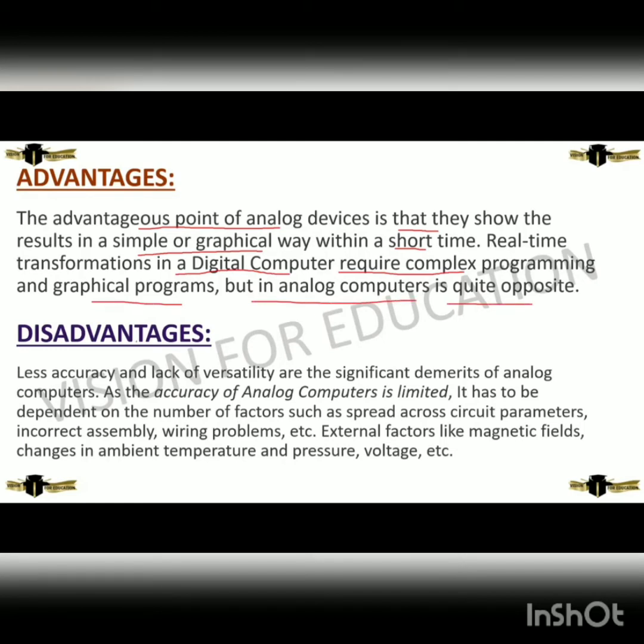Coming to disadvantages, less accuracy and lack of versatility are the significant drawbacks of analog computers. As the accuracy of an analog computer is limited, it depends on a number of factors such as spread across the circuit parameters, incorrect assemblies, wiring problems, etc. External factors include magnetic fields, changes in ambient temperature, pressure, and voltage.